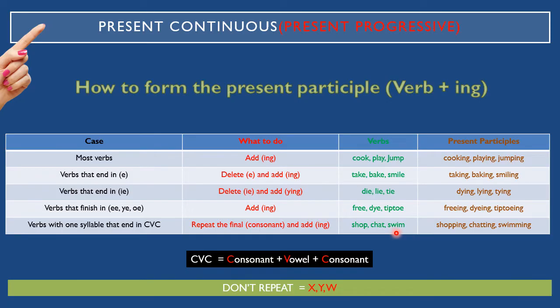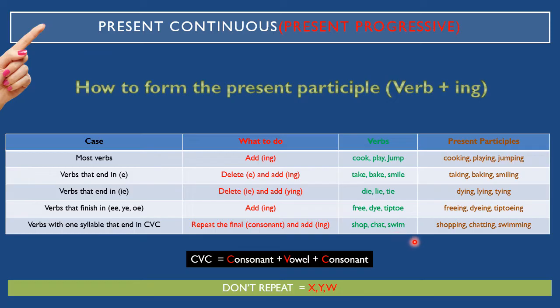S-W-I-M: W, consonant, I, vowel, M, consonant. C-H-A-T: T, consonant, A, vowel. S-H-O-P: O, vowel, P, consonant. So if you notice, these three verbs finish in CVC, or consonant, vowel, consonant, and they have only one syllable sound.